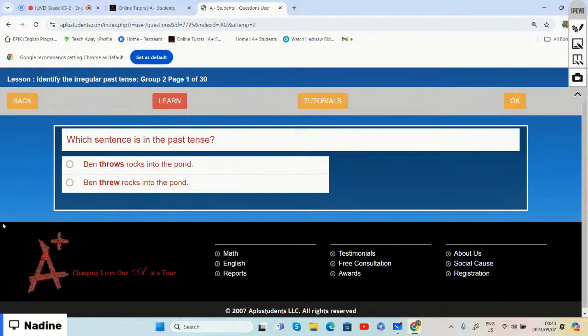So which option is correct? Ben throws or Ben threw rocks into the pond?